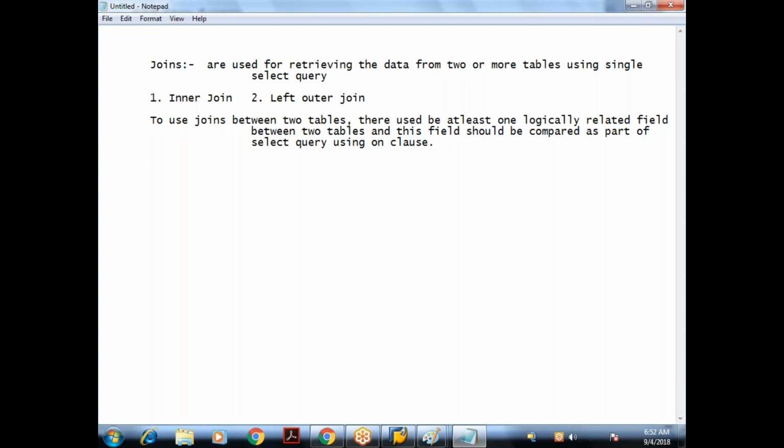Something like this: table 1 dot field equal to table 2 dot field. So you have to compare using the ON clause: ON table 1 dot field is equal to table 2 dot field. Right, so let's understand the difference between inner join and left outer join.